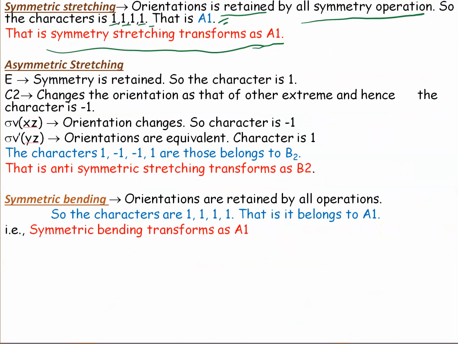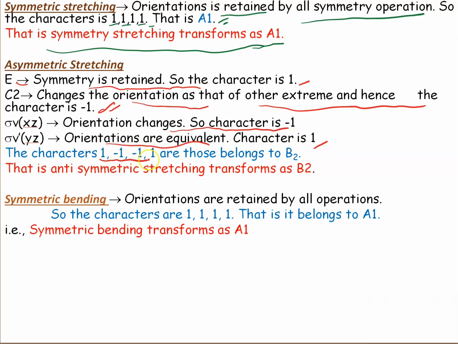Okay, you can see here, in the case of asymmetric stretching, in the case of the E operation, the symmetry character is 1. C2 changes the orientation to that of the other extreme, and hence the character is -1. Sigma v XZ orientation changes, character is -1. Sigma v dash YZ orientations are equivalent, character is 1.